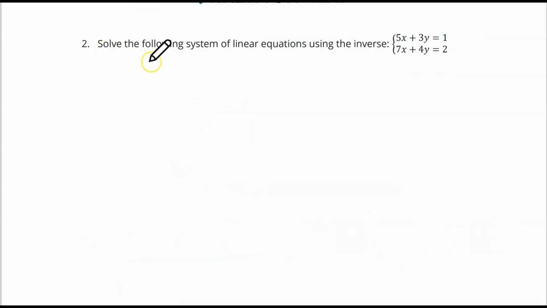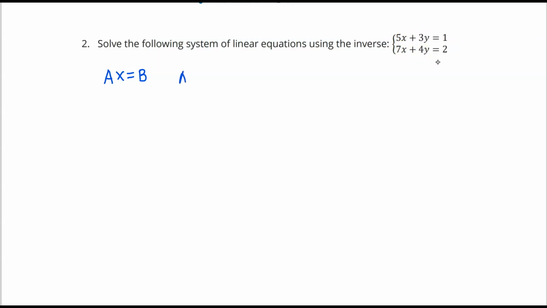Another example, solve the following system of linear equations using the inverse. To solve this, we will have to convert this first into its matrix form. In other words, we will write it of the form AX equal to B, where matrix A is the coefficients of the variables here.